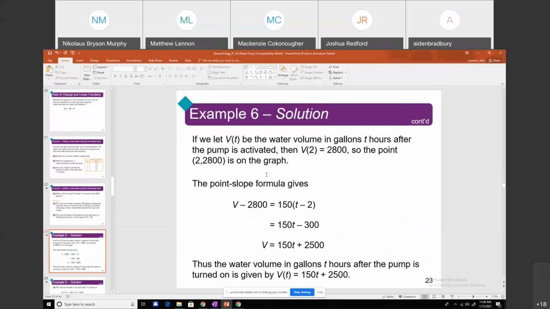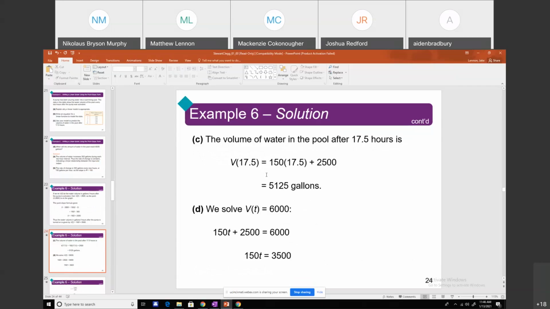So again, they went back and solved, and they used point-slope rather than just going backwards by one step. I think it's much easier to just look at the pattern and realize it should be 2,500, but they got exactly the same formula we did. The only thing to do is to plug that 17.5 in for t and solve for the volume in the pool. So that's what they go ahead and do in part C. So you get 5,125 gallons.